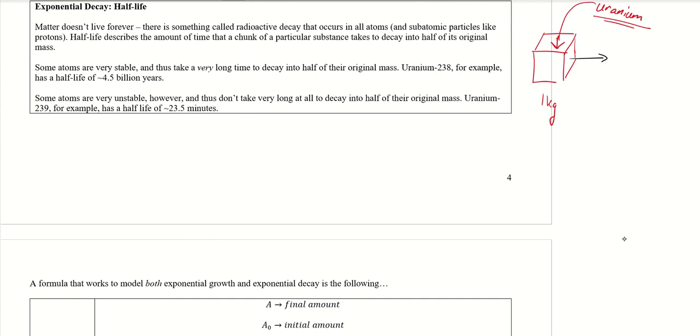The atoms in here are shooting off alpha particles, beta particles, gamma particles, and eventually the mass will be smaller, and eventually, over a certain amount of time, it'll be a half kilogram, right? It started first as 1 full kilogram, and if you leave it for a certain amount of time, then it will eventually only be a half kilogram in mass, and that's why we call this the half-life.